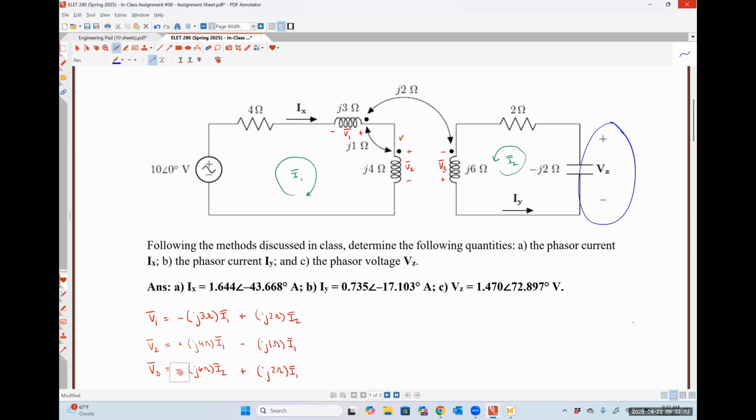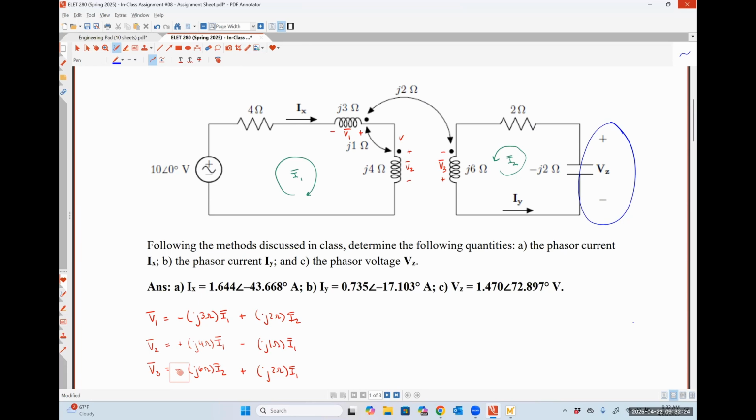Regarding the sign, the positive polarity terminal of V2 is at the dotted terminal of the J4 ohm inductor, and the current I1 is flowing into the undotted terminal of the J3 ohm inductor, so it should have a minus sign on V2.